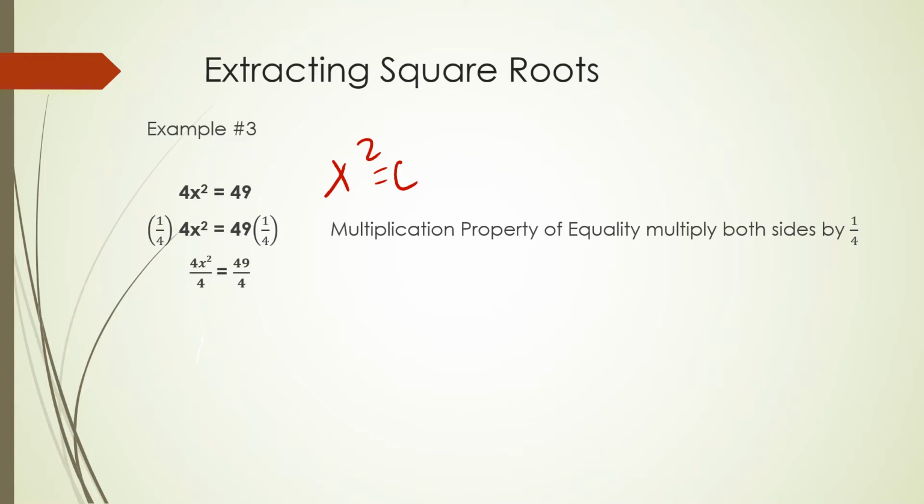So if you're going to simplify this, you have 4 over 4, it will become 1, so it disappears. Okay? So it will become x squared is equal to 49 over 4. Now, if you observe, it is written in the form of x squared is equal to c.